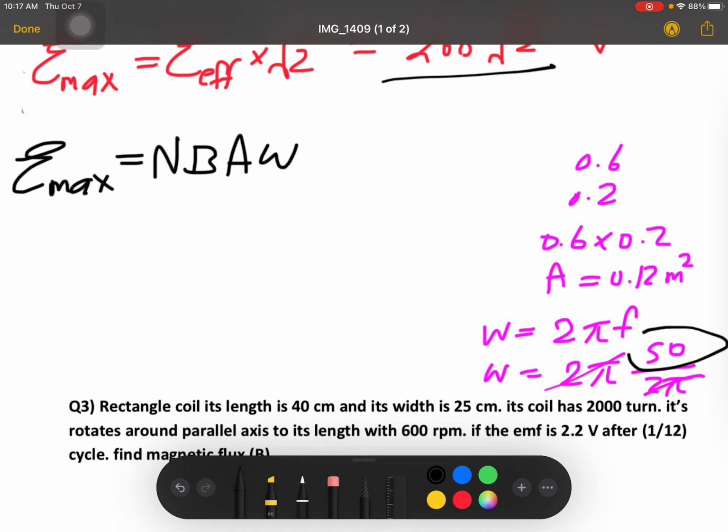Okay, now we can substitute the values in this relation, but before that we have to move the N and A and omega to the other side.